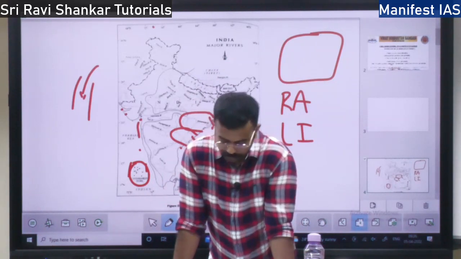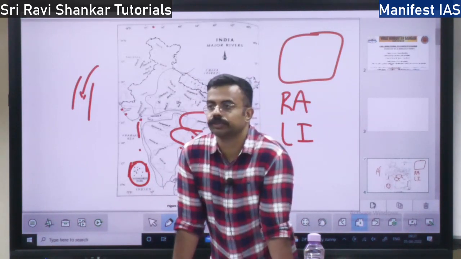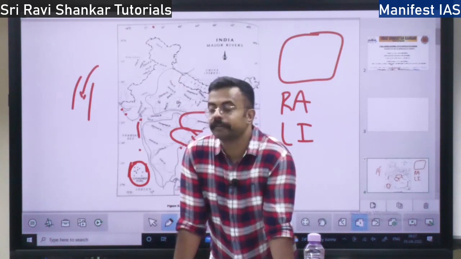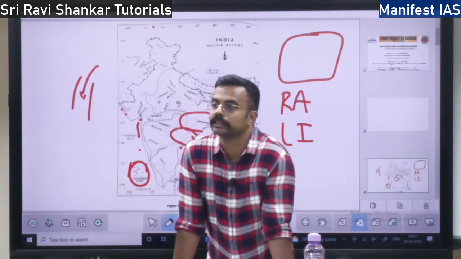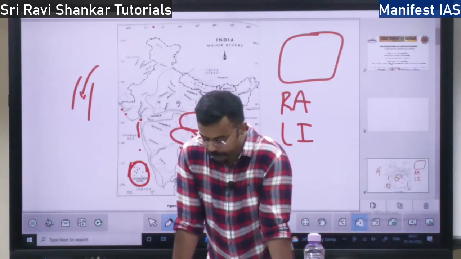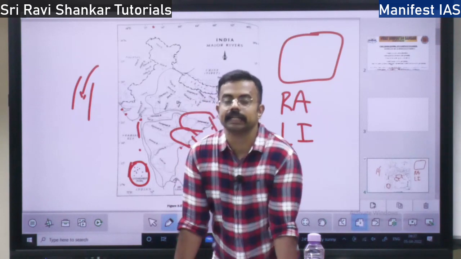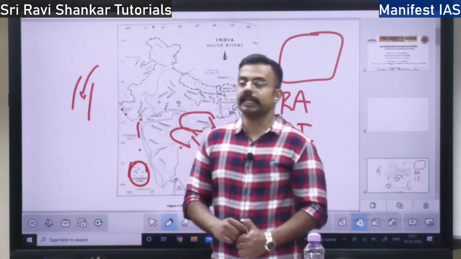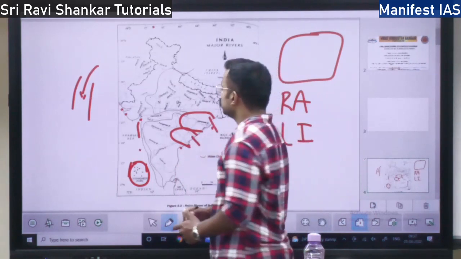These are the basic concepts we should know about the drainage basin. Next, we will talk about the different drainage patterns. The first type of drainage pattern is the dendritic drainage pattern, also called a tree-like drainage pattern.